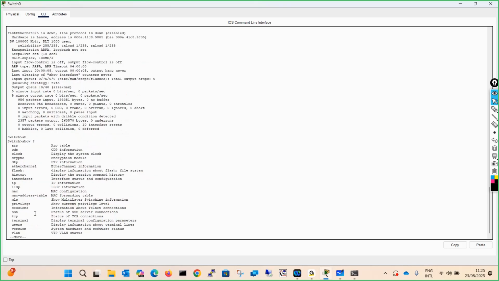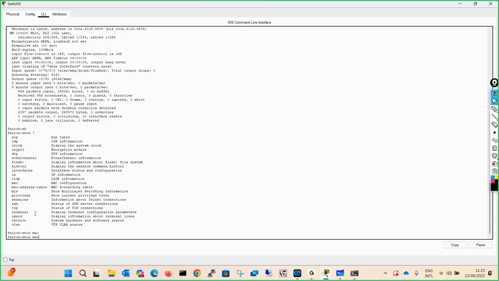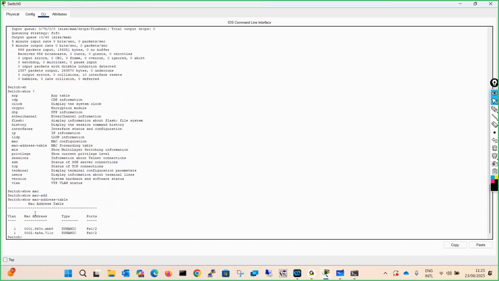Show mac address-table gives you the MAC address table details. See, on FastEthernet 2, it has learned dynamic entries. So all these commands are executed in user execution mode. There are limited commands which work in this mode.